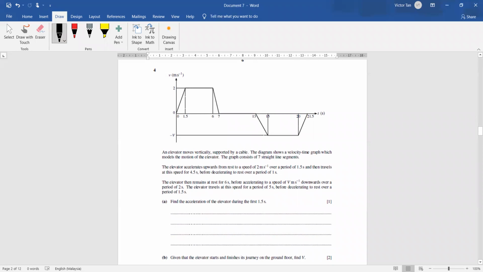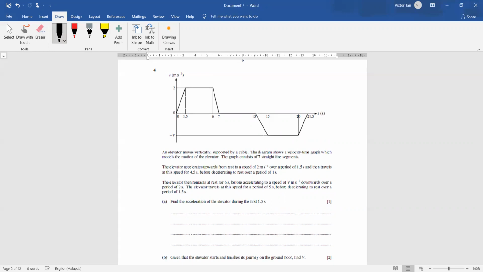An elevator moves vertically supported by a cable. The diagram shows a velocity time graph which models the motion of the elevator. The graph consists of 7 straight line segments. The elevator accelerates upwards from rest to a speed of 2 meters per second over a period of 1.5 seconds, and then travels at that speed for 4.5 seconds before decelerating to rest over a period of 1 second.